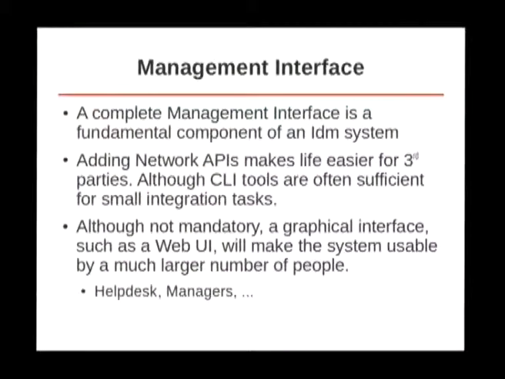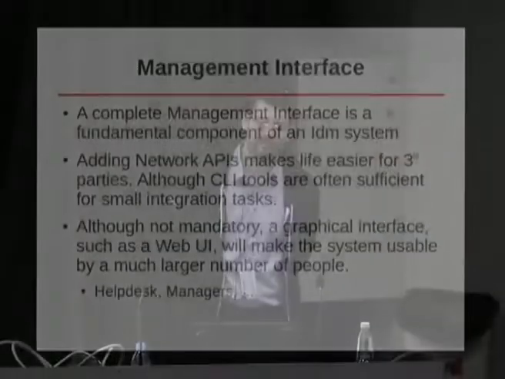We want to bring all these users onto the Unix machines, but we need a way to connect these two systems, and an API is fundamental for that. Sometimes you can get away with command line tools for that. That means you cobble together an SSH onto the machine that calls a bunch of scripts, but if you have an actual API, it makes it much easier to integrate.